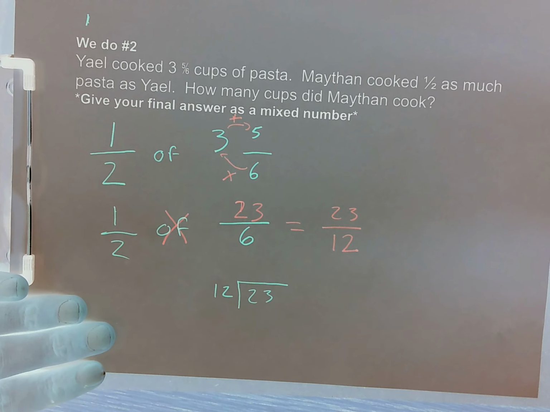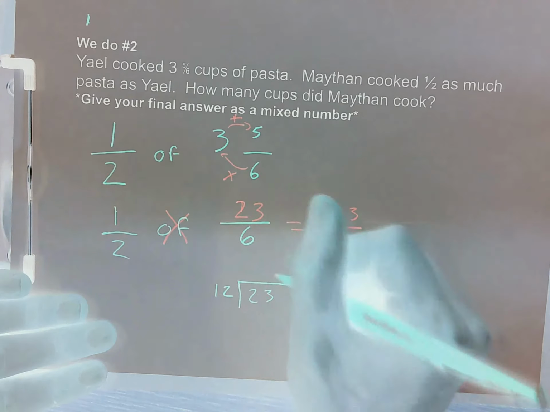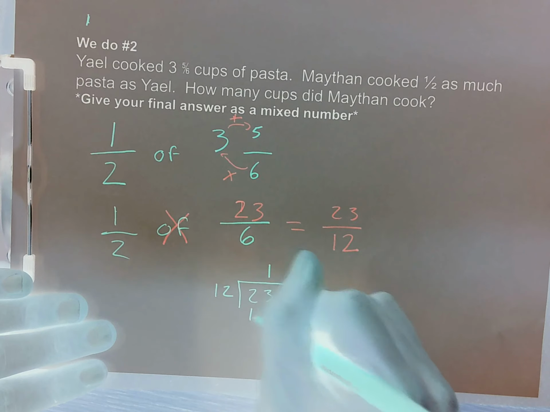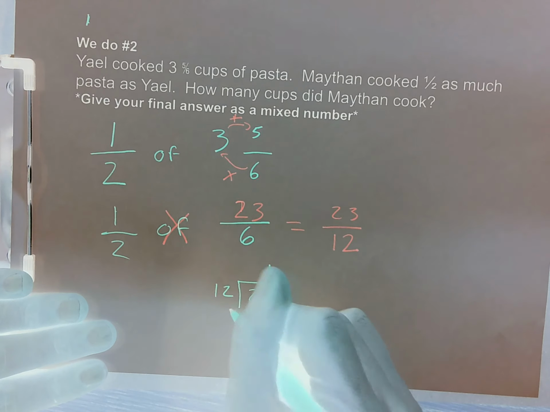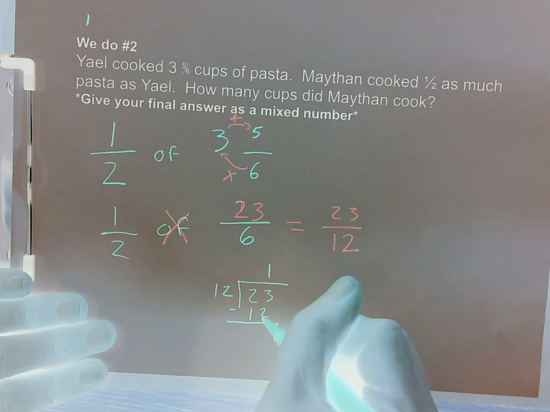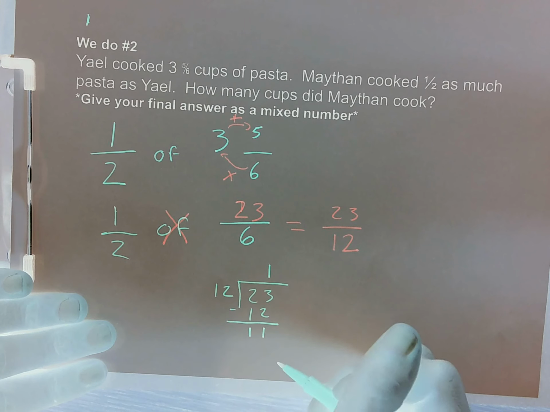When we divide 23 by 12, 12 can go into 23 just one time because we know 12 times 2 is 24. 1 times 12 is 12. When we subtract 23 minus 12, we get 11.